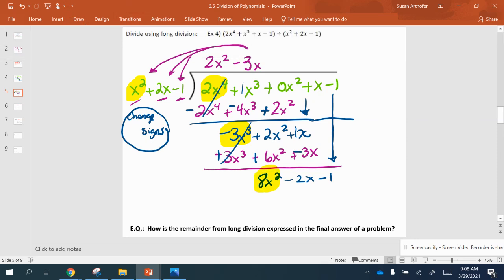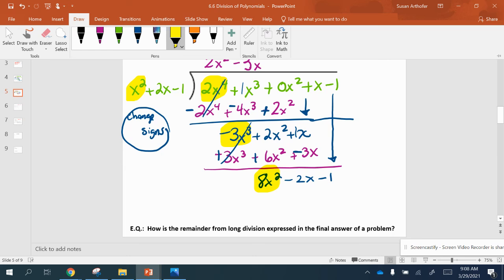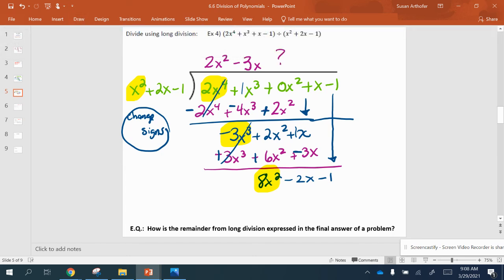I'm going to highlight the first one. What goes up here? x squared times what gives 8x squared? Would be positive 8.